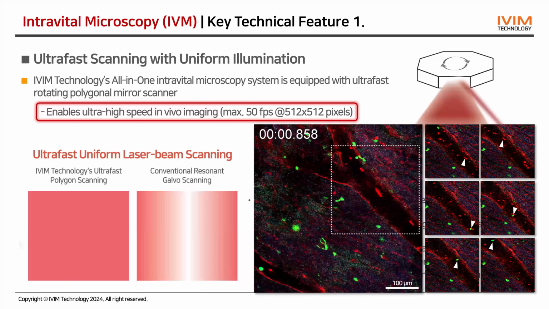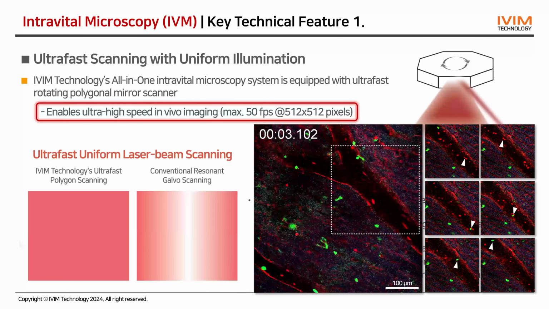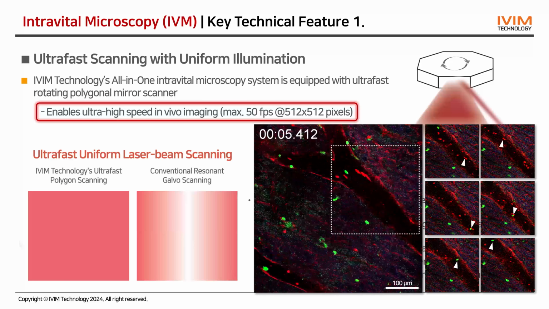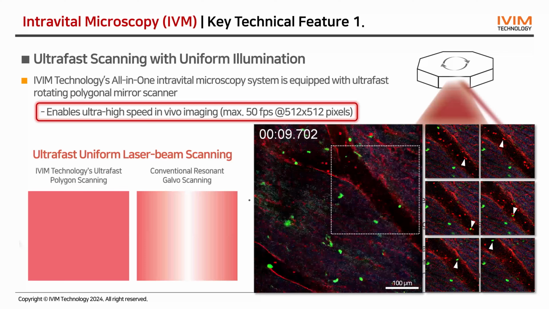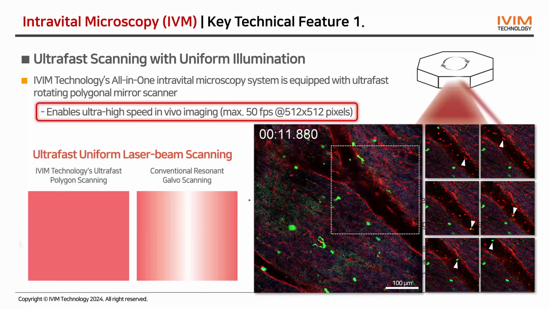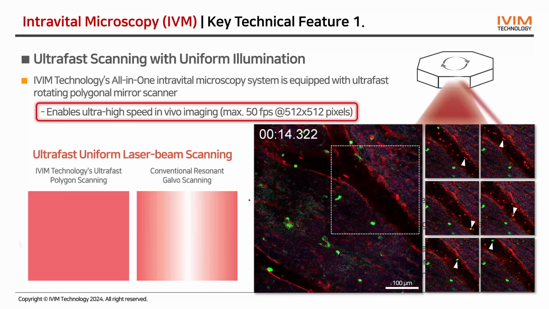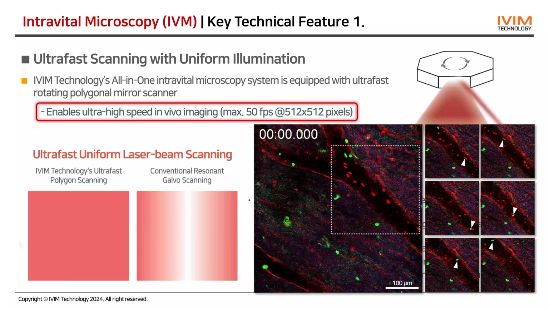You can see this video here: fast moving RBCs and fast moving immune cells inside the blood vessels in the cardiac system. So you can easily and successfully capture all the movement of each cell.